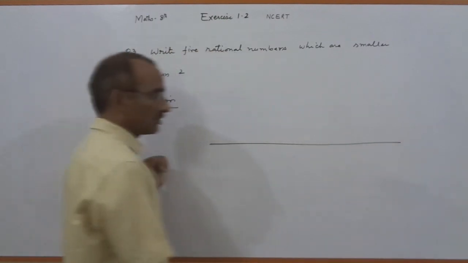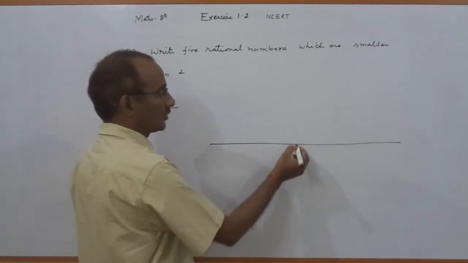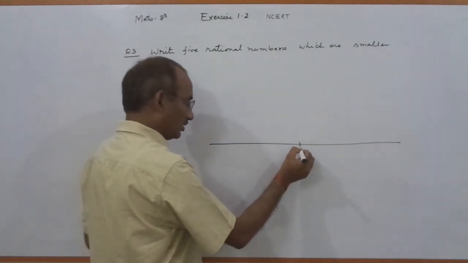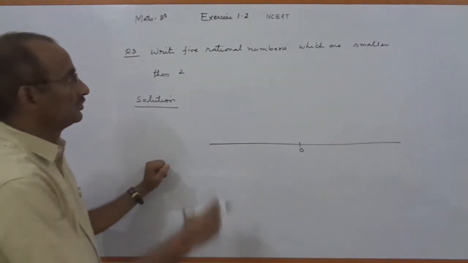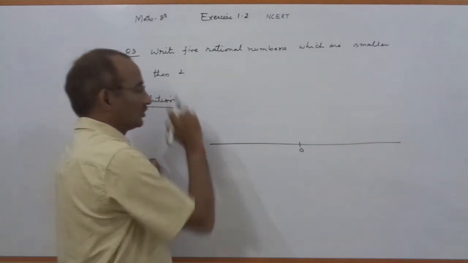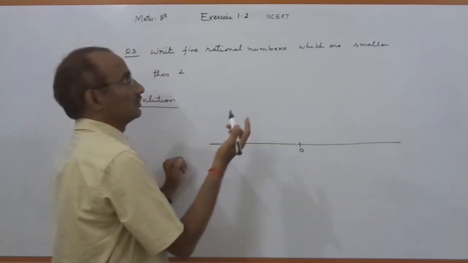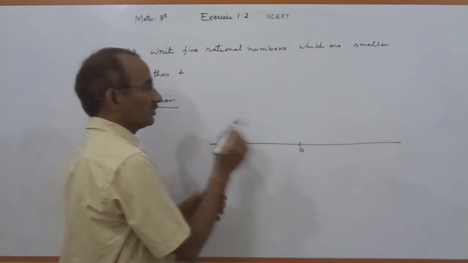So this is our number line and here is 0. We have to take numbers which are smaller than 2.